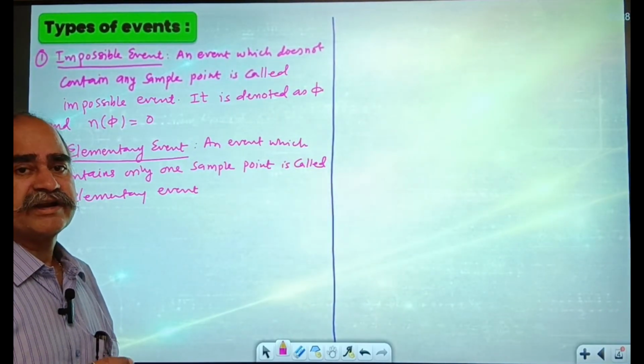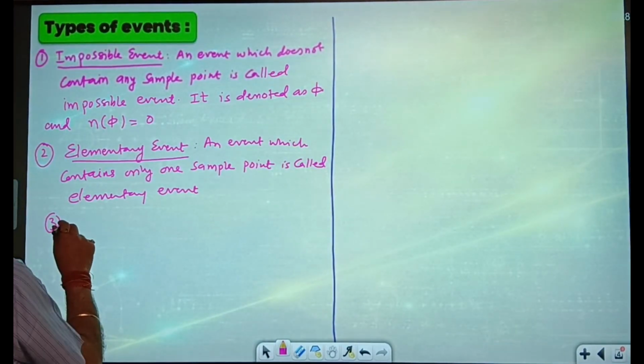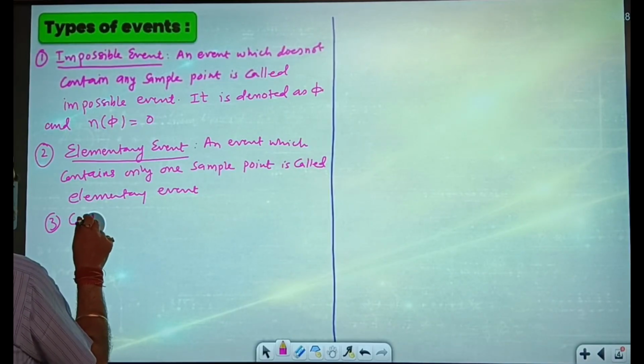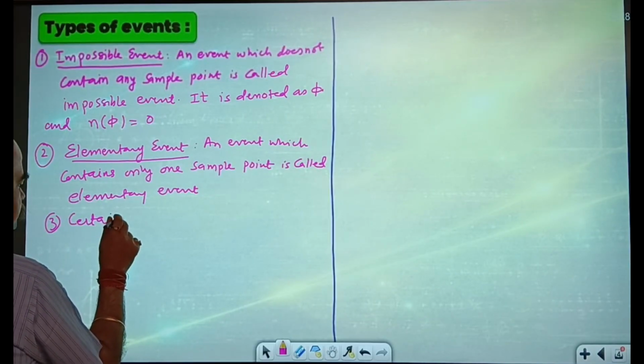Number three is certain event. Certain means sure. Sure means whatever you want, you must get it.